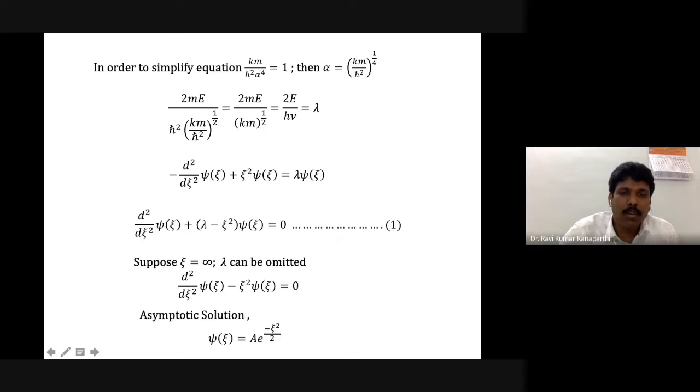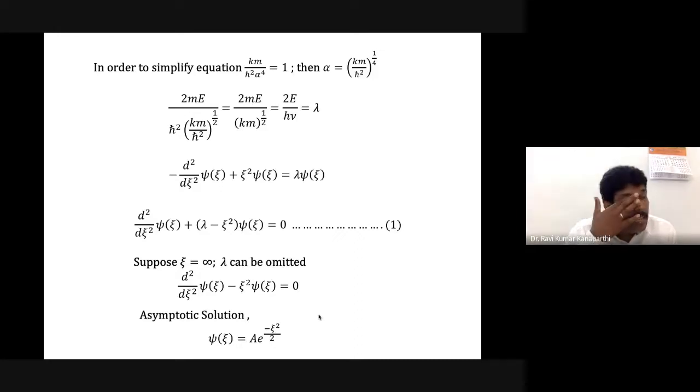And the function you see here, e raised to minus z square by 2, as you can see, if the z value is increasing, then the function e to the power minus z square by 2 will be decreasing, right?